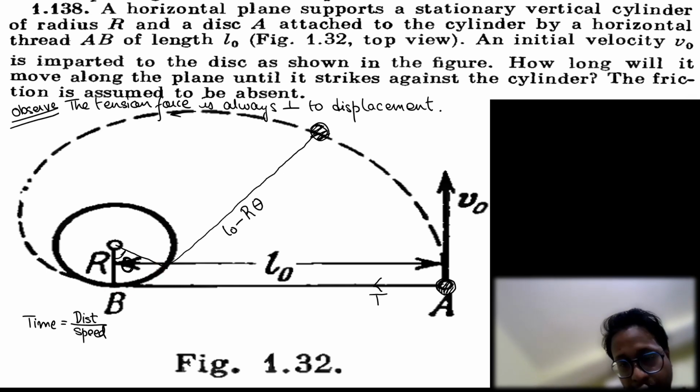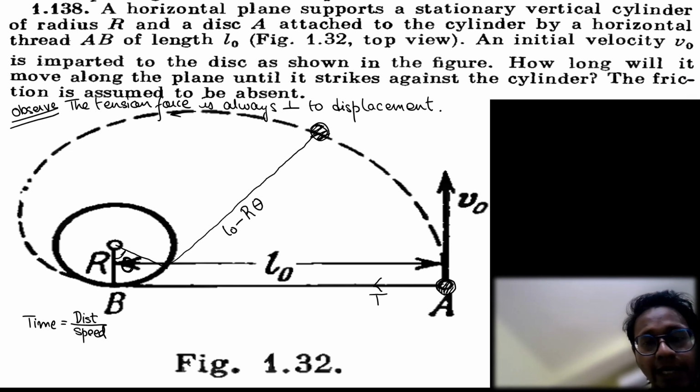This much is understood? Now the second part is I need to take another element. Let's check after this point. It moved a little bit forward, ds out here. This is ds, elemental displacement. So let's draw a tangent from the circle to elemental ds. The tangent goes somewhat like this.